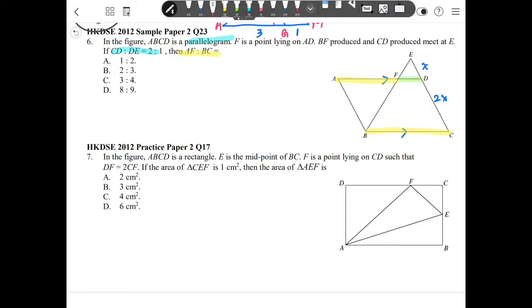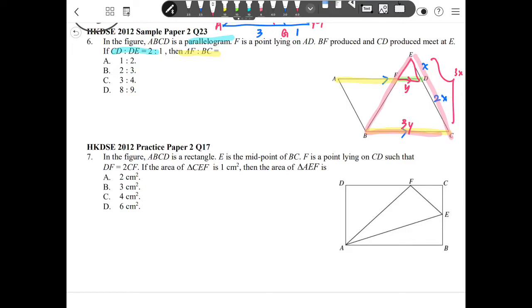So in this case, these two are actually similar triangles. The ratio of x to the entire length 3x means DF would be a 1 to 3 ratio, so y to 3y.